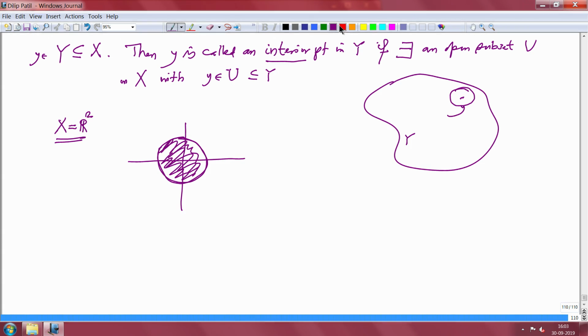If I take a point on the boundary, no matter what small neighborhood I take, it will go out of Y. So these boundary points are not interior points, but the inside points are interior points, because I can take a small radius open disk which is completely contained there.